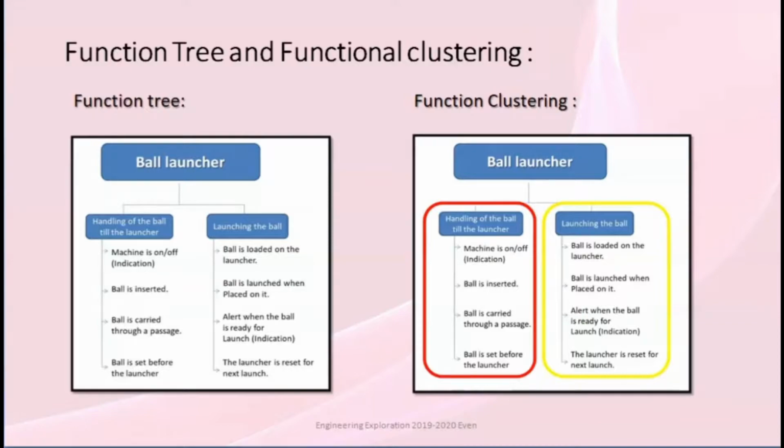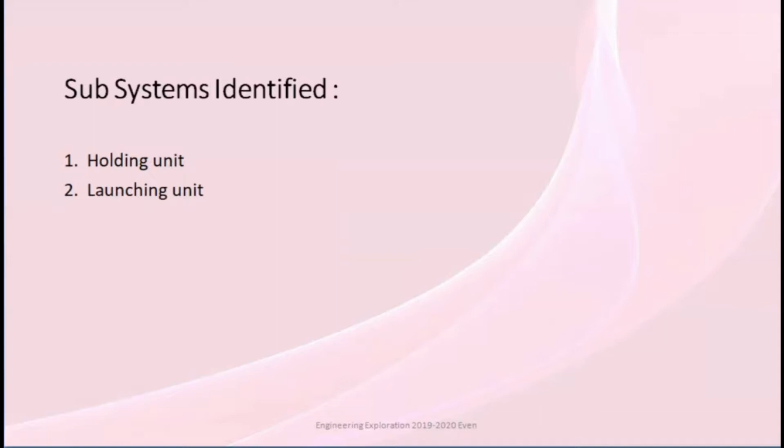Ball is loaded on the launcher, ball is launched when placed on it, indication, the launcher is reset for the next launch, all come into the launching the ball cluster. By all of this, we have identified our two main subsystems. Those are the holding unit and the launching unit.